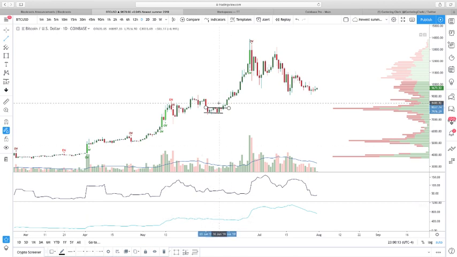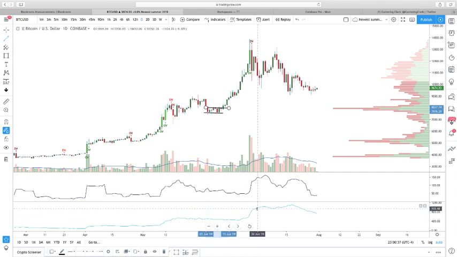So for example, at this point right here, the norm was around $473. So give or take $473, and we are still operating within normal standard deviation, just considered normal behavior.